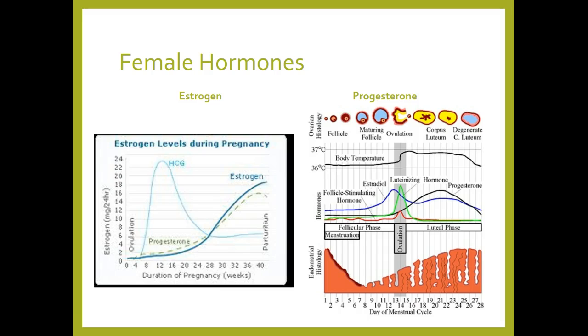And if you go up to the middle of this chart and look at progesterone, you can see progesterone is kind of high during this time. So progesterone helps our uterine lining become nice and cushy in response to an anticipated pregnancy.